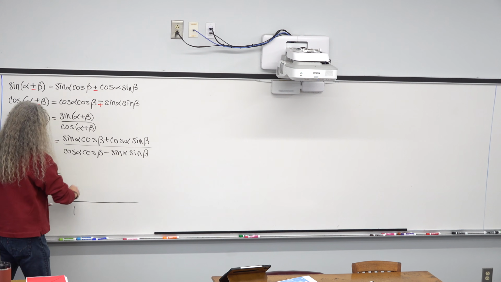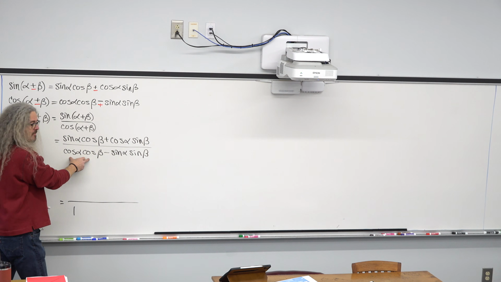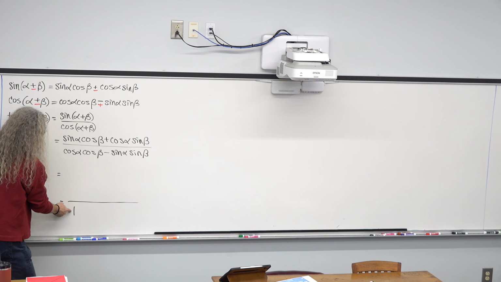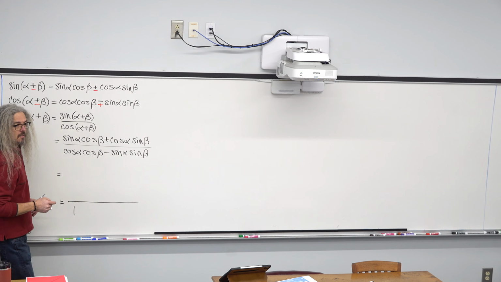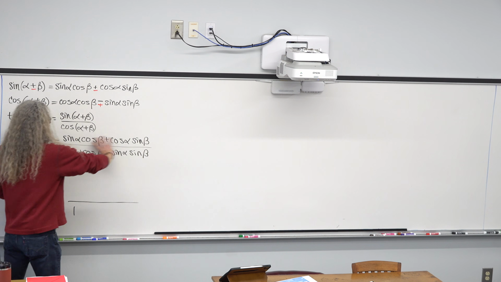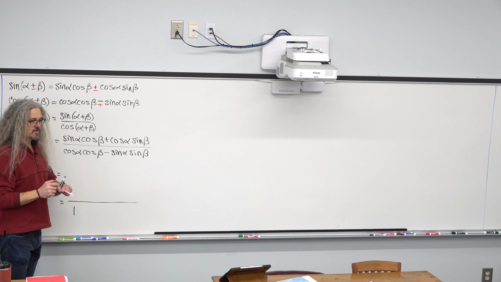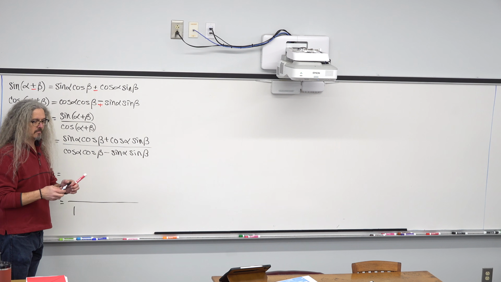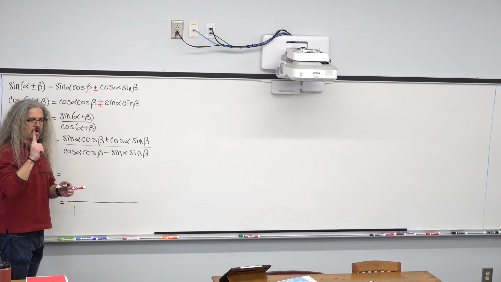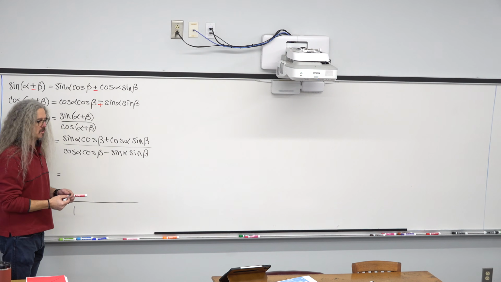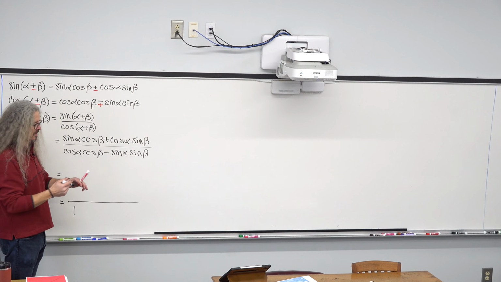So sine over cosine, this first term in the denominator of cosine alpha, cosine beta needs to become, like we said, 1. Well, think of adding fractions. When you add fractions and you find those common denominators, you multiply a fraction by a version of 1 to create those common denominators. Maybe you multiply a fraction by 2 over 2 to make a common denominator of 10 or something like that.